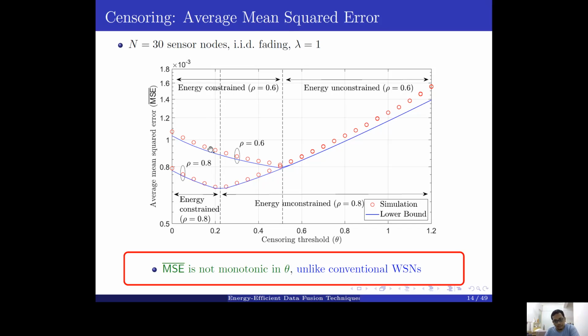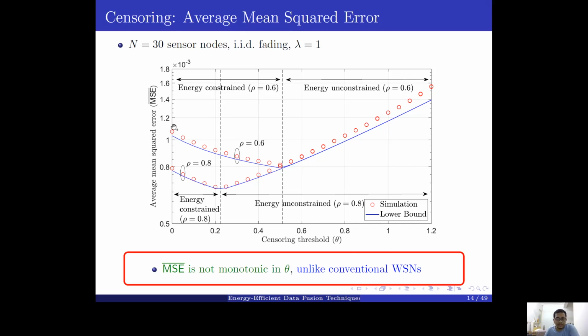We show both the simulation results, which are indicated by markers, and the solid line, which shows our obtained lower bound. We show the results for two values of rho, 0.6 and 0.8. A higher value of rho basically means that more energy is harvested compared to the energy needed for transmission. First thing we would like to point out is that the lower bound tracks the simulation curve extremely well.